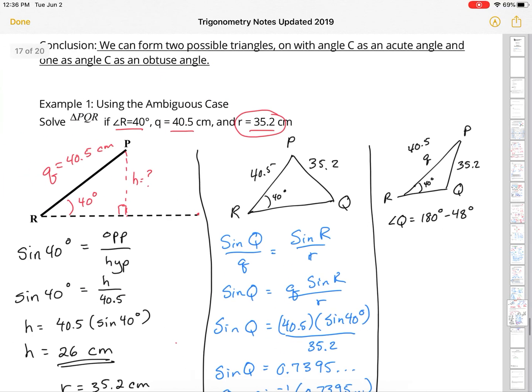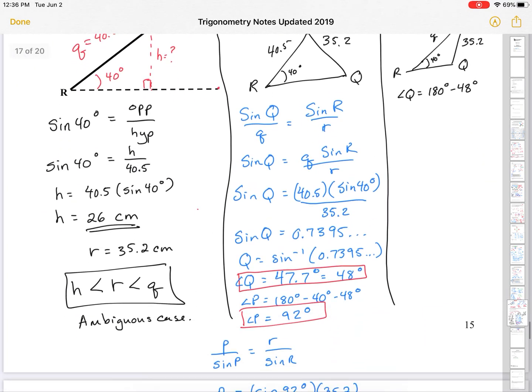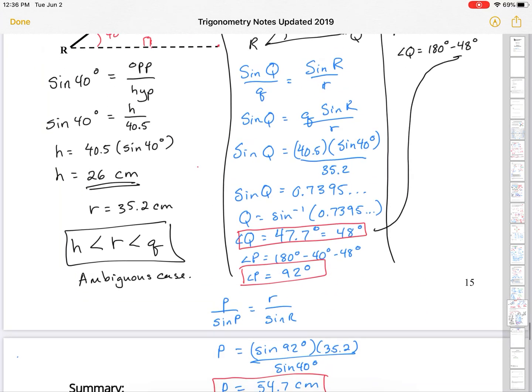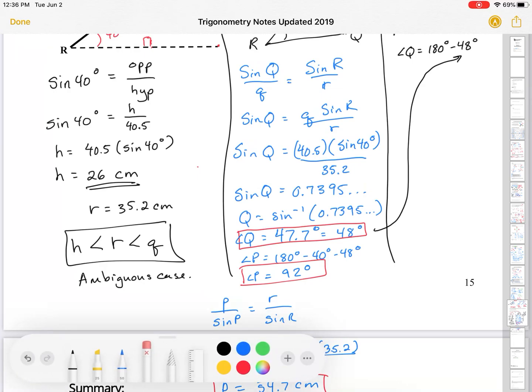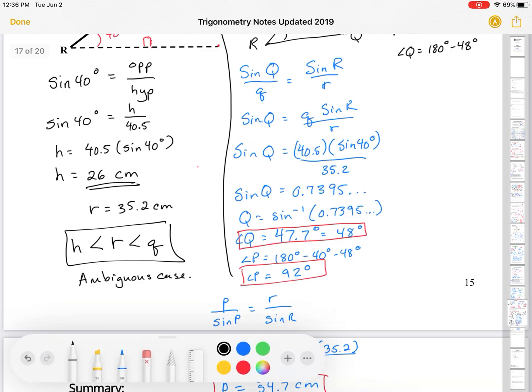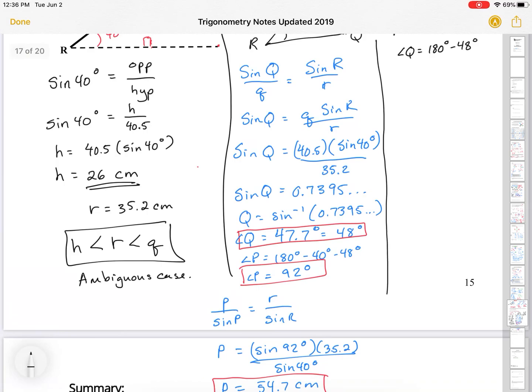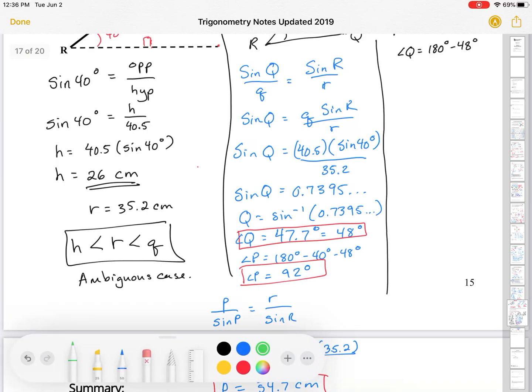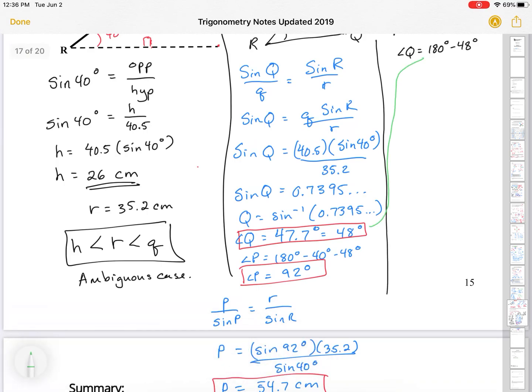And you're going, where did you get that 48 degrees? Well, we get it from that solution.